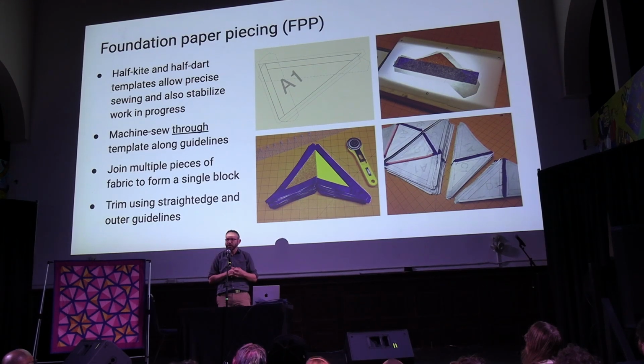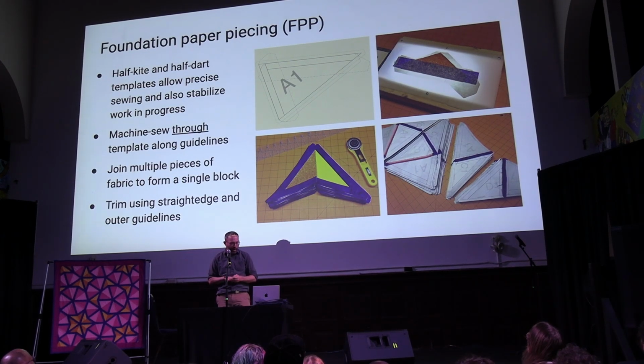You can basically cut straight through the paper and sew straight through the paper, and the paper gets glued to the fabric in a way that's reversible, that basically stabilizes the fabric while you're doing the construction. Otherwise, it would be really, really difficult to get the precision that you would need in the quilt.